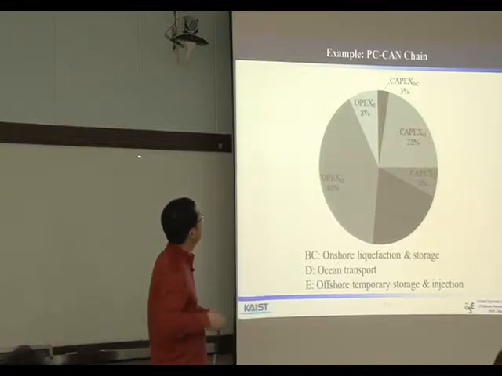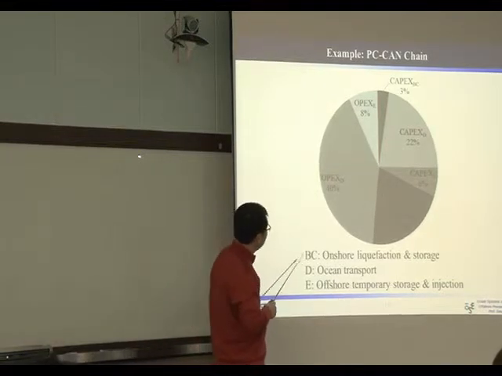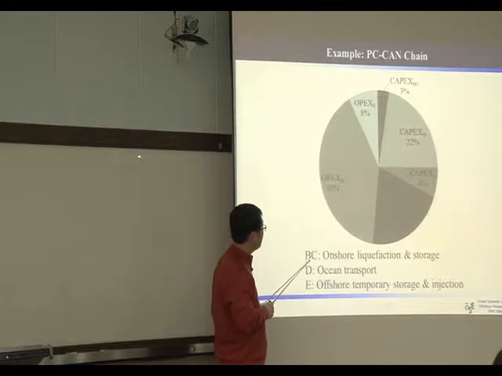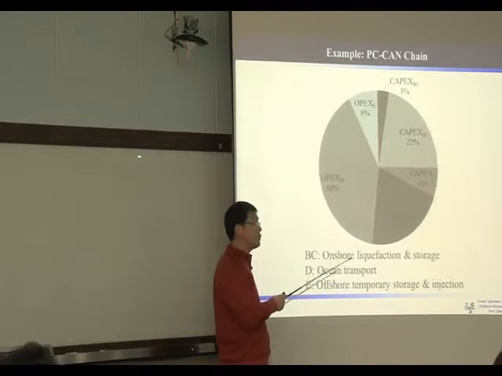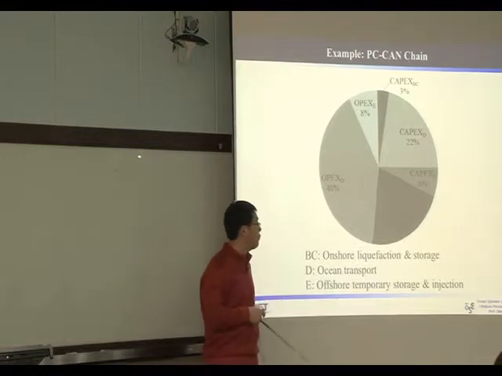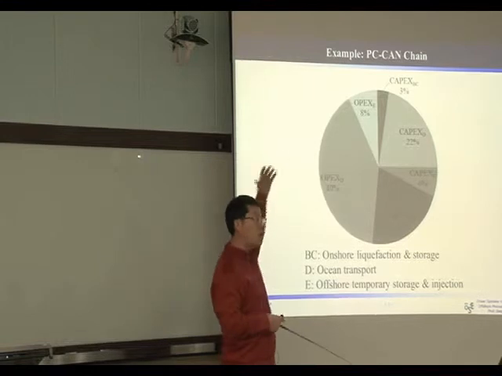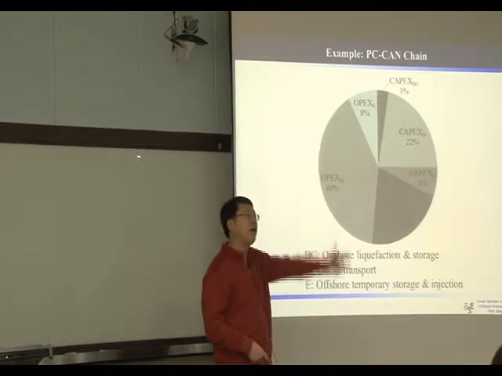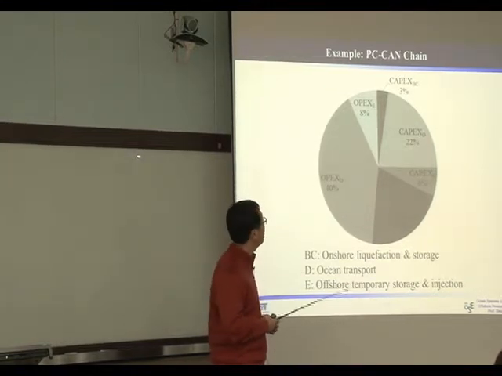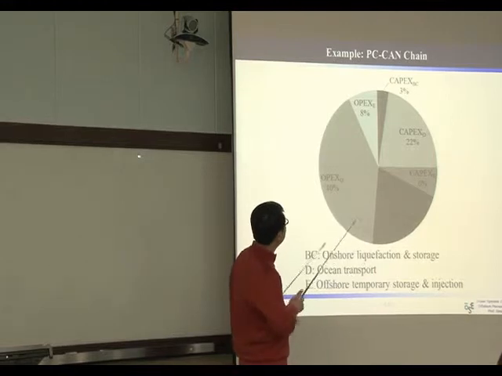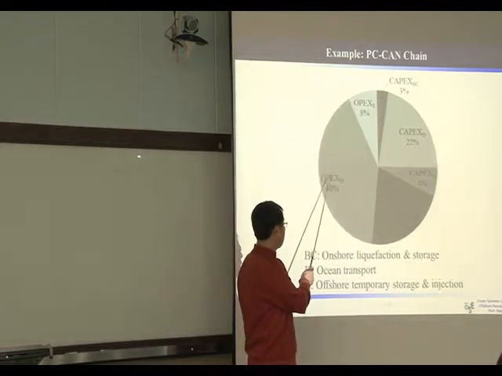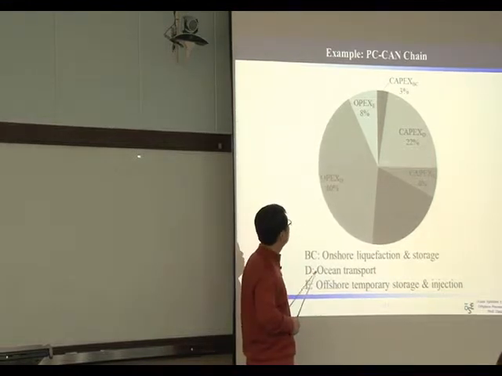We have here the explanation for the index. BC means onshore liquefaction and storage, D ocean transport, E offshore temporary storage and injection. This is the whole pie of the LCC. The main part is OPEX D. OPEX D means ocean transport.